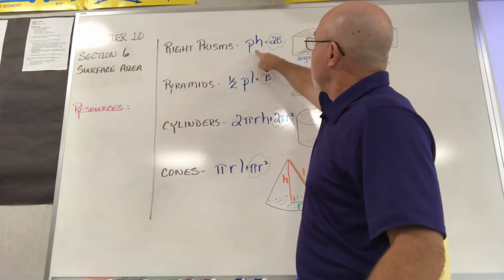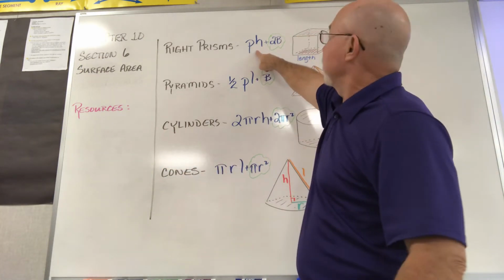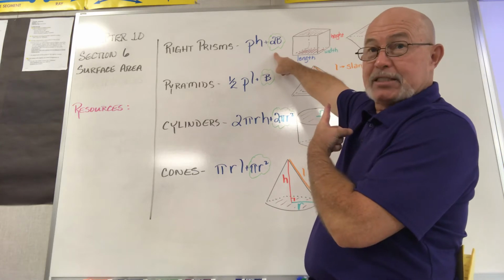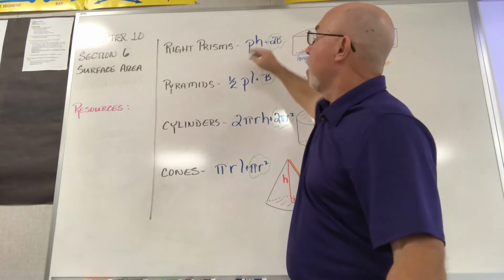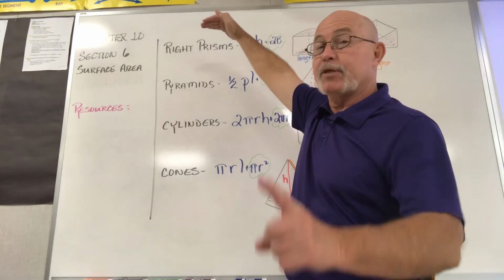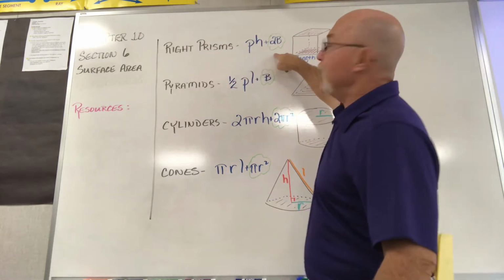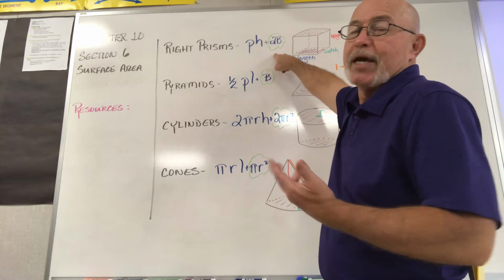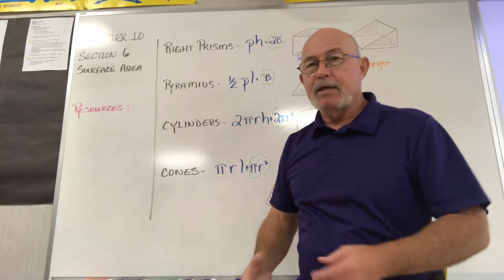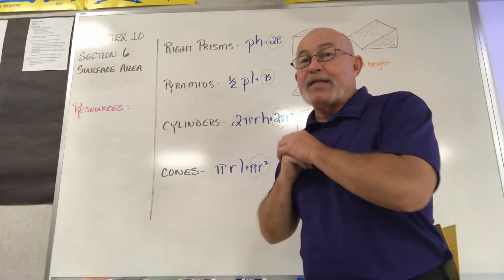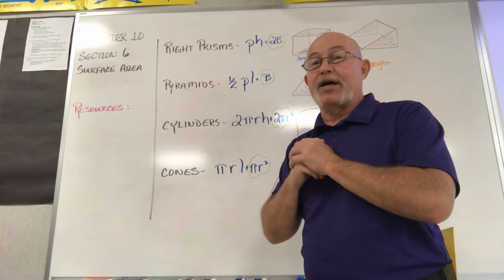So, the surface area, since there are two bases here, we take the perimeter of the base, multiply it by the height. There's your lateral area. To that we add, since there's two bases, 2 times the area of the base. I would probably write these down for use on a test or final.